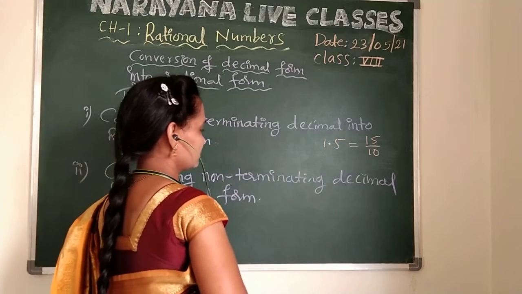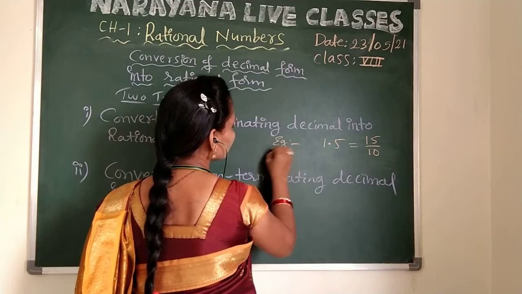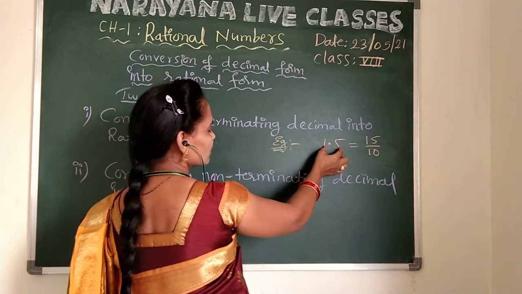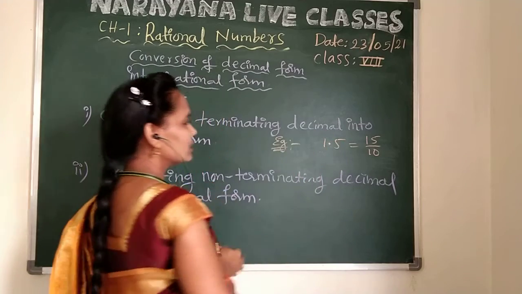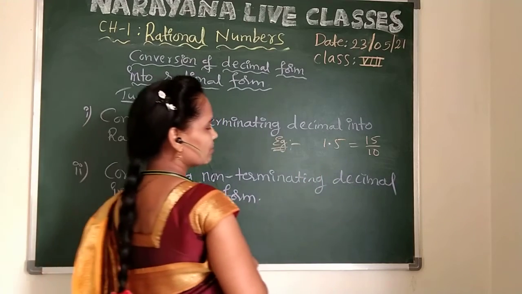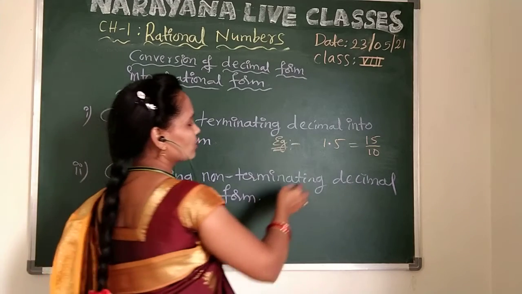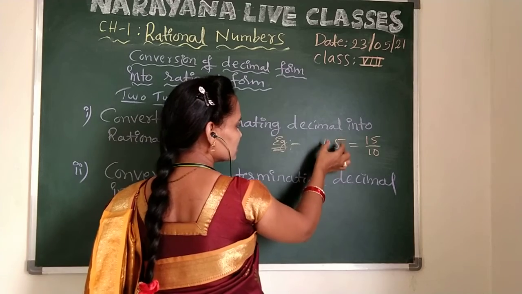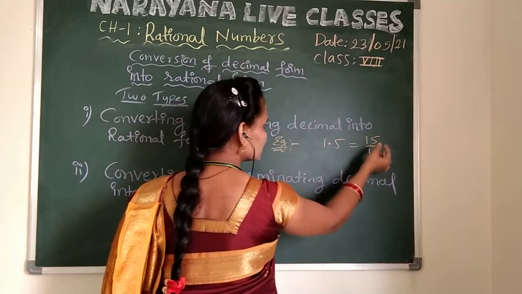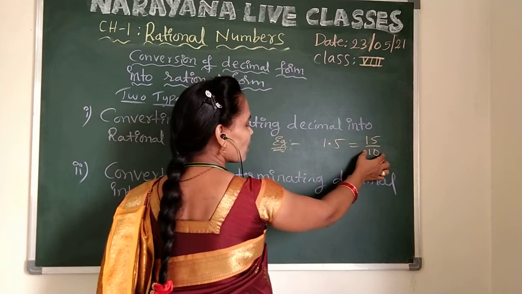How can we convert that? Very simple example. Terminating decimals, in the sense, ending. It will end. So 1.5 is a terminating decimal. We are converting this terminating decimal into rational form.